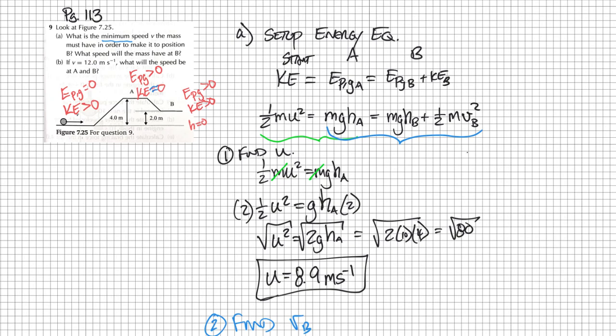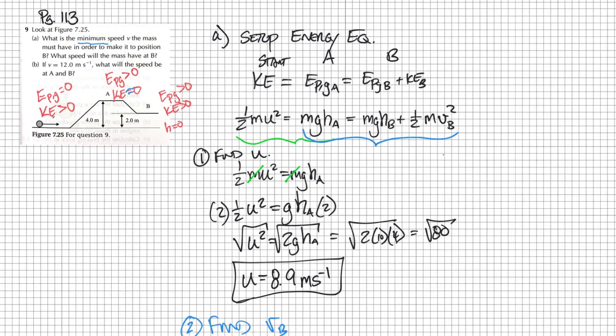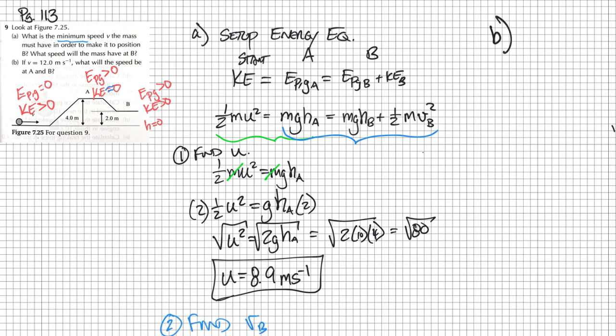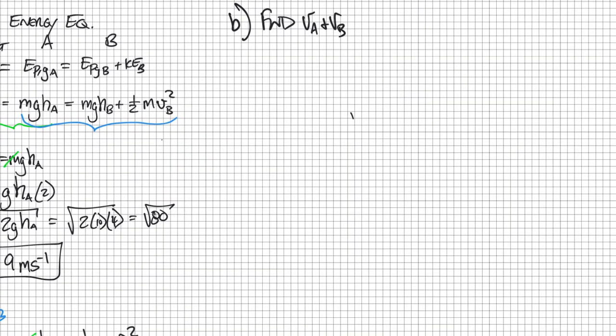And now, for B, we're going to find velocity at A and velocity at B. And my equation might look a little different because now I'm going to have kinetic energy initial equals the potential energy of gravity at A plus kinetic energy at A. And I'm saying this because if it's asking us to find V at A, then there has to be some kinetic energy.